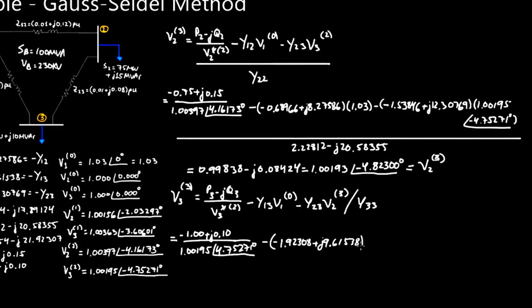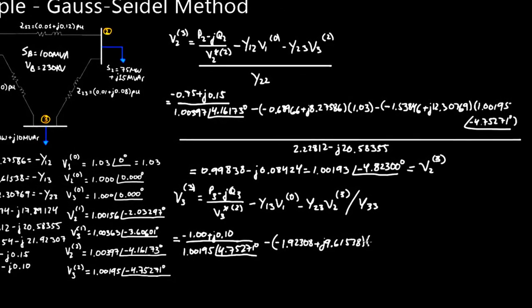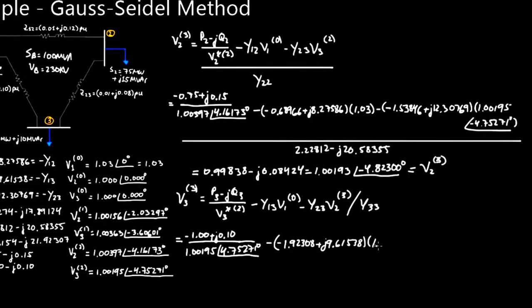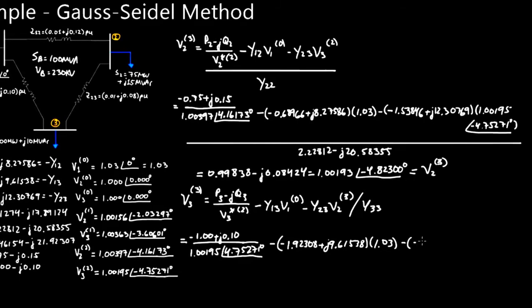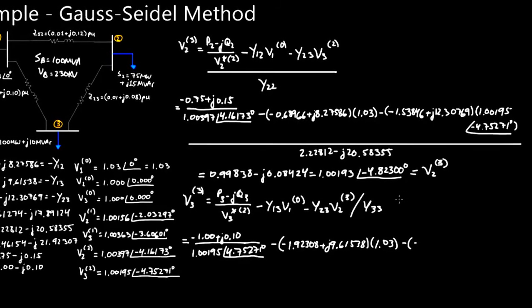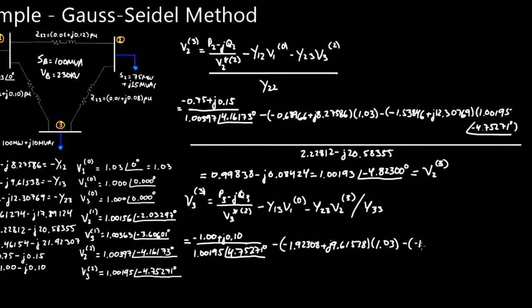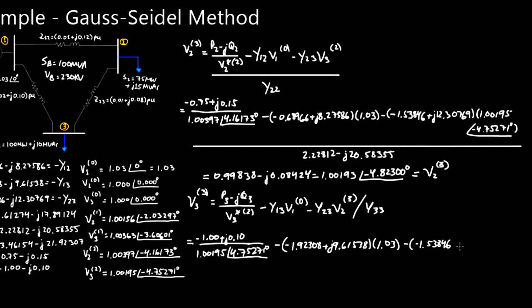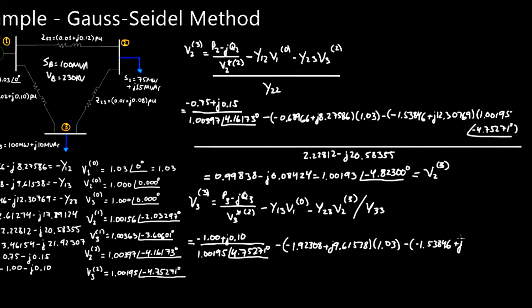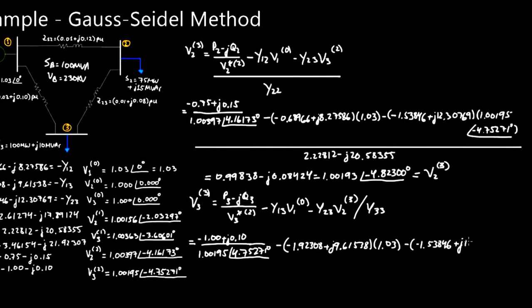And of course for this I'm looking at my notes where I already solved all of this. All of that times 1.03 minus 1.53846 plus J 12.30769.